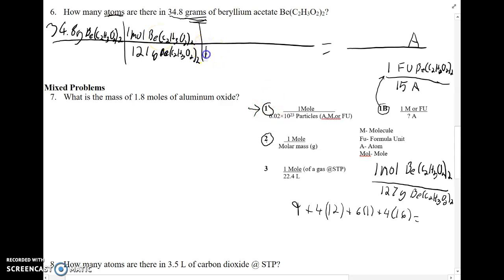In 1 mole of Be(C2H3O2)2, there are 6.02 times 10 to the 23rd formula units of Be(C2H3O2)2. I've run out of room, so I'm going to extend this a little bit.